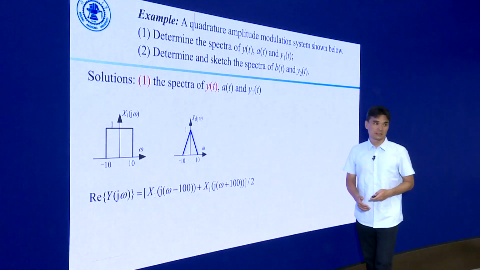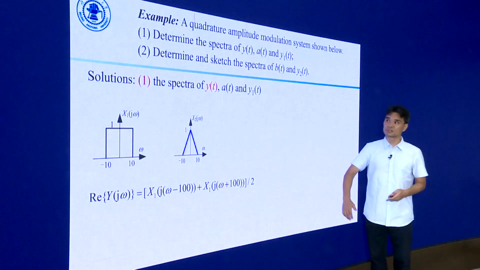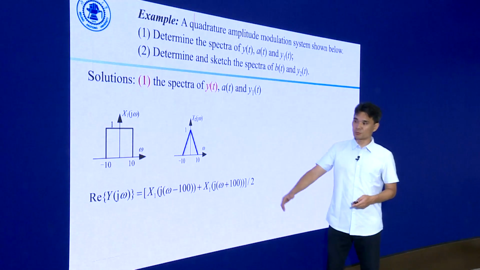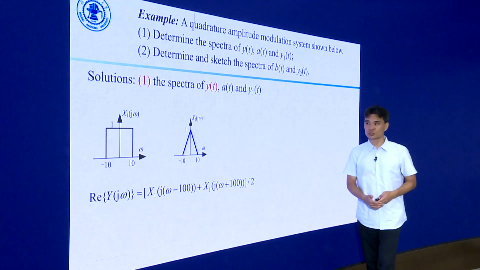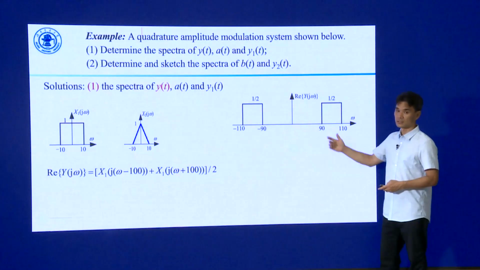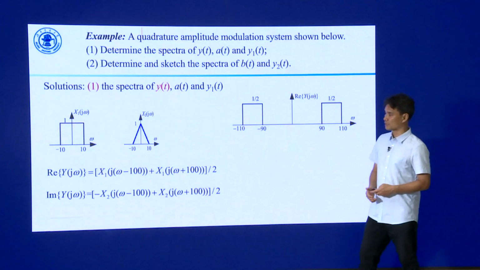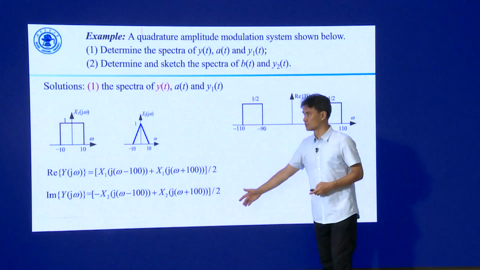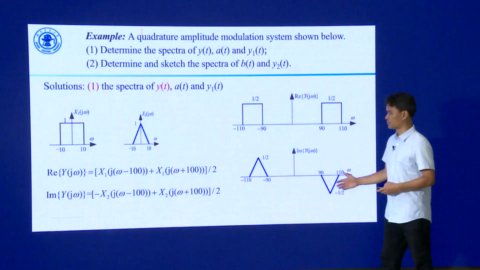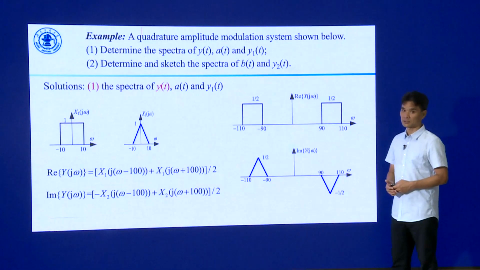Let's take a look at the spectrum of the modulated signal in a graphical way. So we have the real part given in this expression. The real part is depicted in this plot. Well, for the imaginary part, it's related to the second signal. And here is the plot of the spectrum.